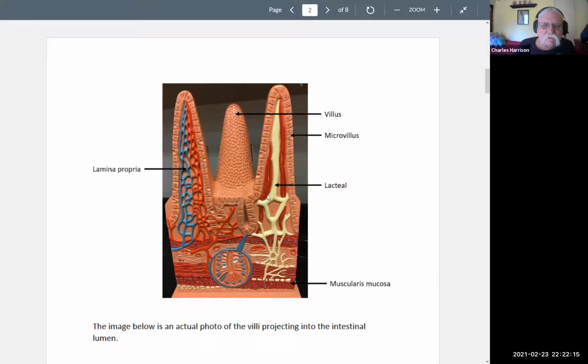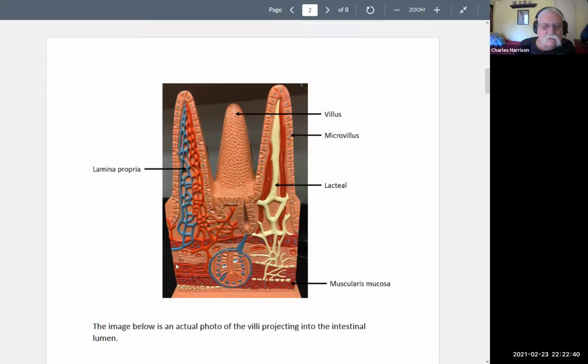There are three layers inside of the tunica mucosa. One of those layers is the epithelial layer, which we call the microvillus. The second layer is the lamina propria.